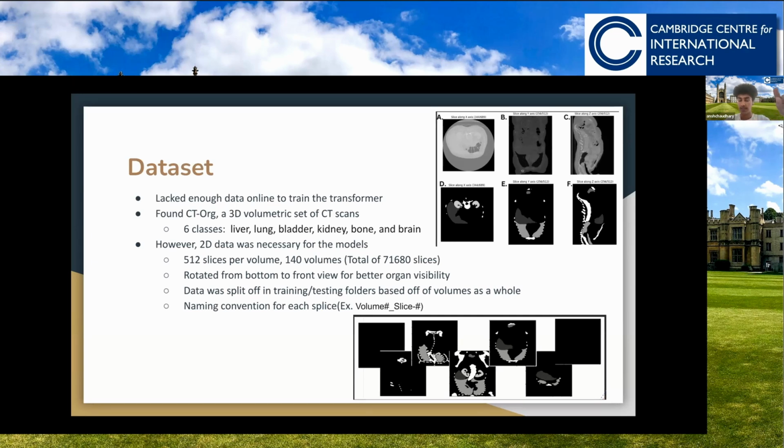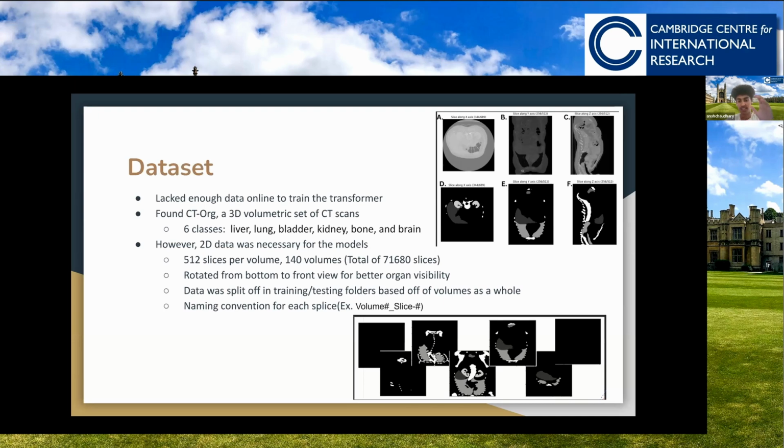We also rotated the view from the bottom view to the front view, as there was better visibility of organs available. This would make the task much more accurate. There were 512 slices per volume, creating a total of 71,680 slices as our data set. We split this into training and testing, 75 to 25, but we maintained the volumetric groups together in one folder.